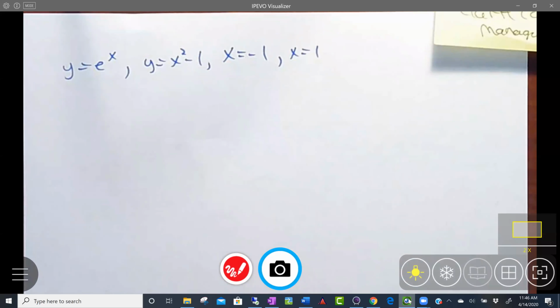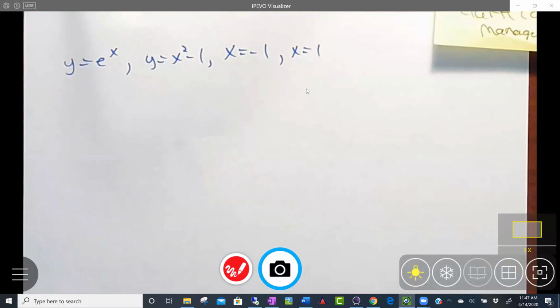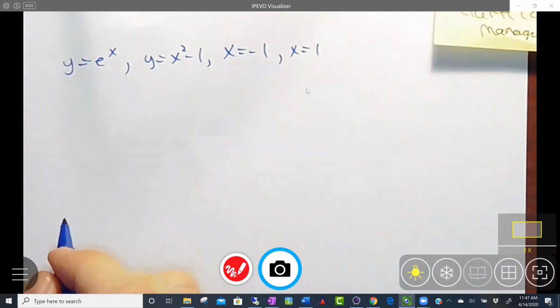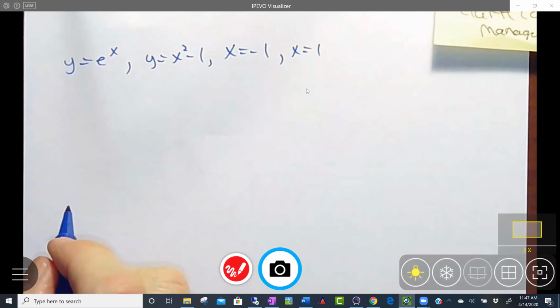So those are my functions. And I want to look at a typical interval or typical approximating rectangle somewhere in here.